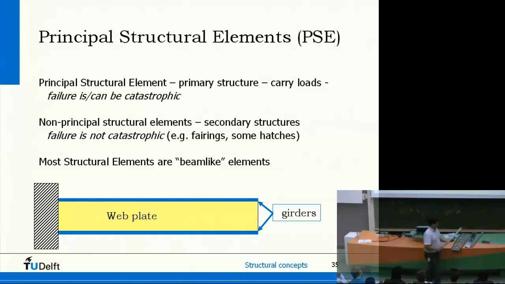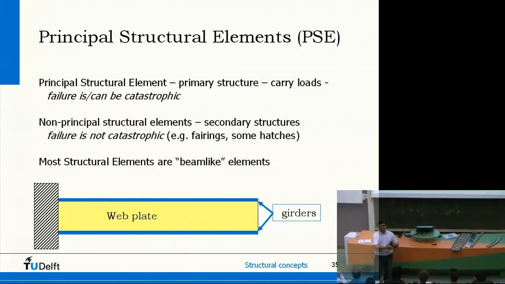And even a structure like this, I hope that's a little bit visible also for the people in the backside. This is a sandwich structure, as we call it, made of composites. You have an upper facing and a lower facing, and a core material in between. In this case it is an aluminum honeycomb, and actually the aluminum honeycomb acts as a web plate, has the same function as a web plate.